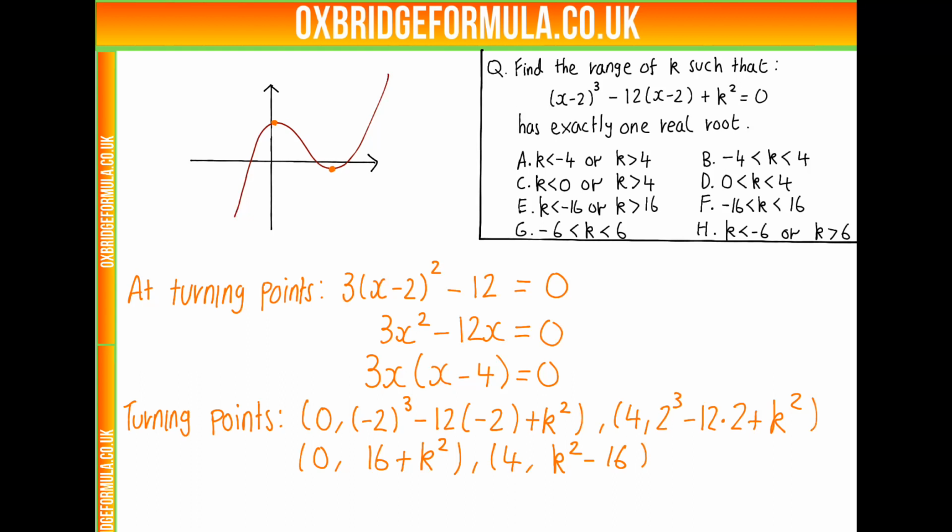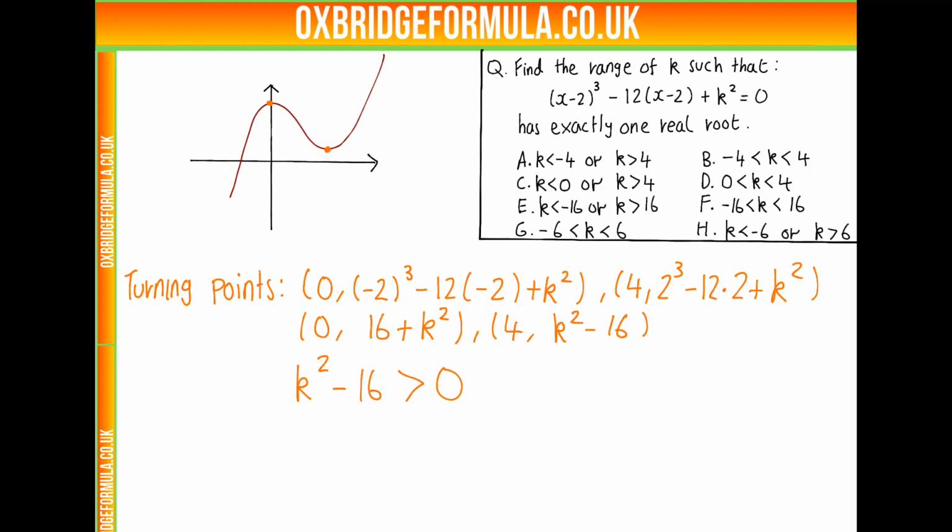What we don't know, however, is if our other point is less than 0 or greater than 0, because this could take either sign depending on k. But we know we want something like this scenario, where k^2 − 16 is greater than 0, because then we have one root here. So this is the last criterion, the only criterion we need: k^2 − 16 greater than 0, because that tells us the y coordinate of this is greater than 0.